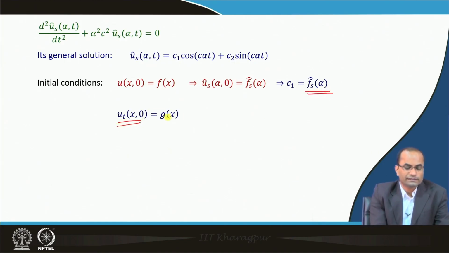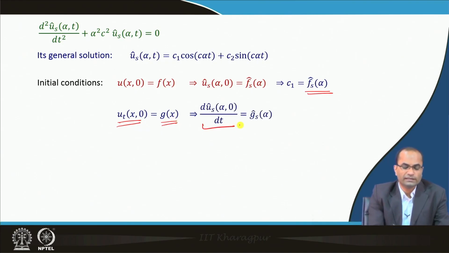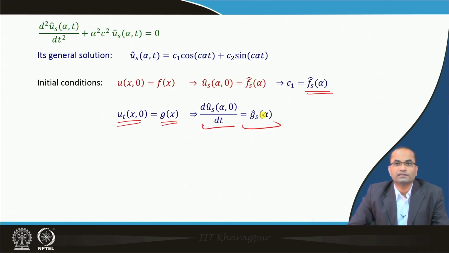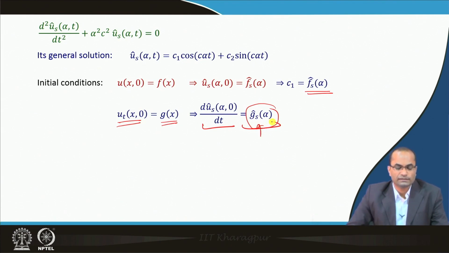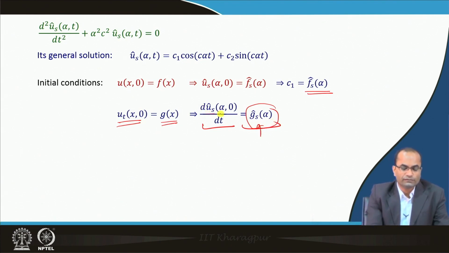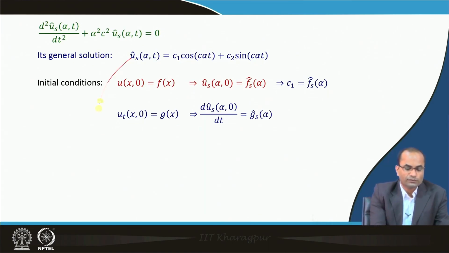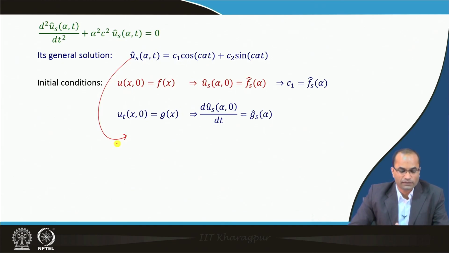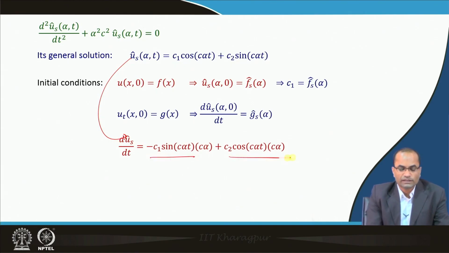Now, u_t(x, 0) is given as g(x). So, there also we can apply the Fourier sine transform, and the Fourier sine transform now is appearing here for g s, and this is the derivative of this Fourier sine transform of u. So, again now we have to differentiate the general solution we got for the Fourier sine transform of u, and then we will substitute t equal to 0 and use this result.